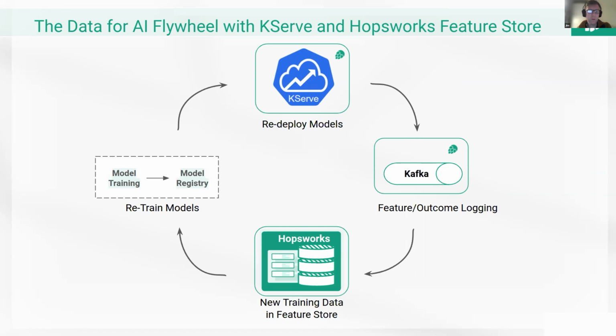So you might have to then push that to a different topic in Kafka that the item was bought, or we can use a timeout to say it wasn't bought. And then we'll have training data, new training data in the feature store. And with that training data, you'll be able to retrain better models and then redeploy them to KServe. So this is the data for AI flywheel that we want to enable with the tight and seamless integration of KServe and the Hopsworks feature store.